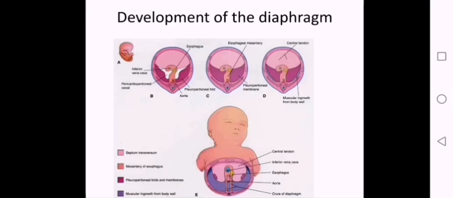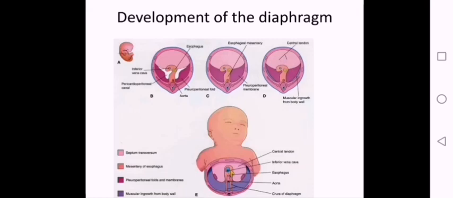During the 4th week, the septum transversum lies opposite the 3rd to 5th cervical somites. During the 5th week, myoblasts migrate from these somites to the developing diaphragm, bringing their nerve fibers with them.